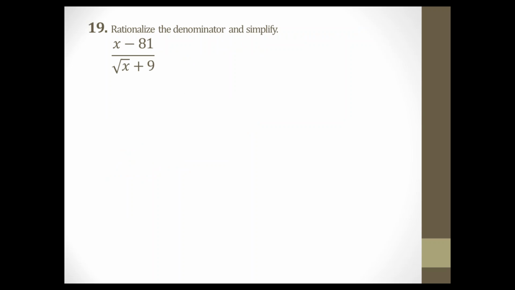Okay. So 19, rationalize the denominator and simplify. When you're trying to rationalize the denominator, that means that you're trying to get rid of the square roots in the denominator. This problem is an interesting one, and you actually can rewrite the numerator as the difference of two squares.